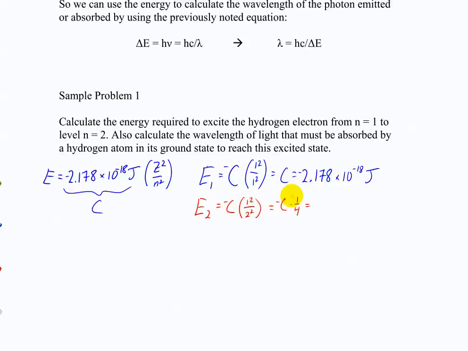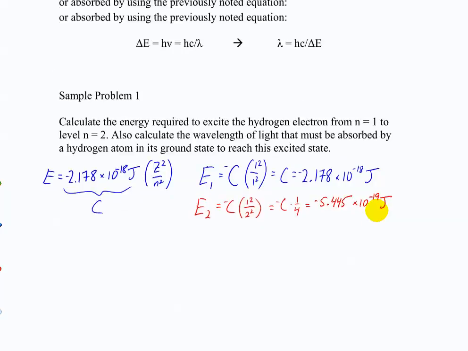Sorry, that's all negative energies. So that becomes negative 5.445 times 10 to the minus 19 joules. Okay. So a smaller number.